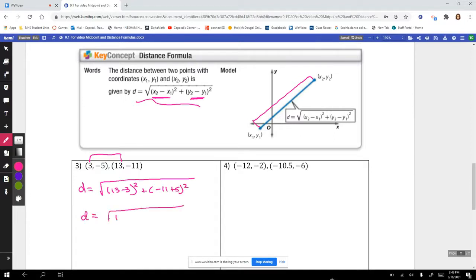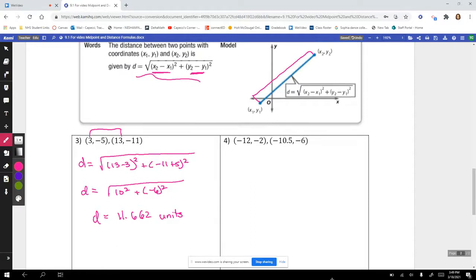So the square root of 10 squared plus negative 6 squared. Again, you can use your calculator to figure out what those are, and we have D is equal to 11.662 units. That's how long the segment between those points is.